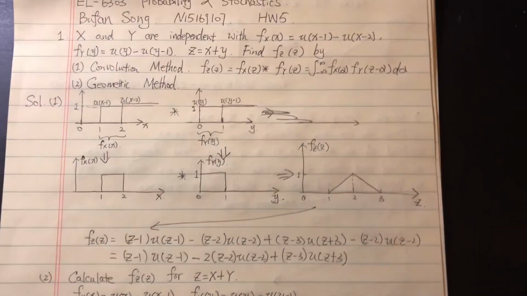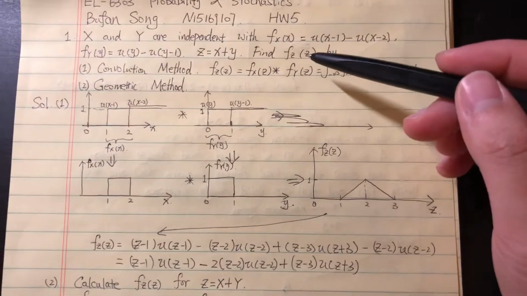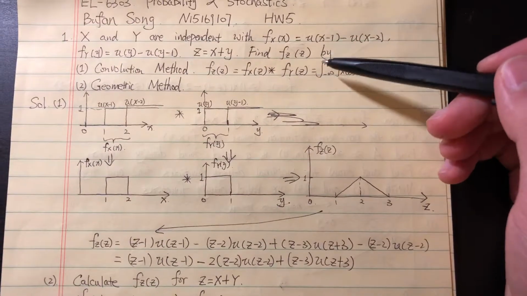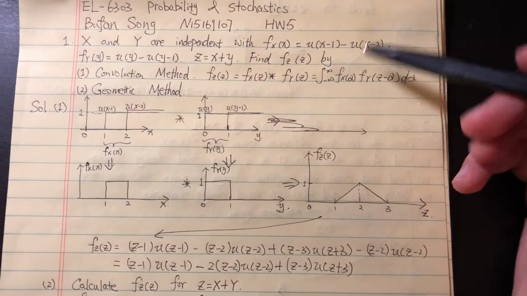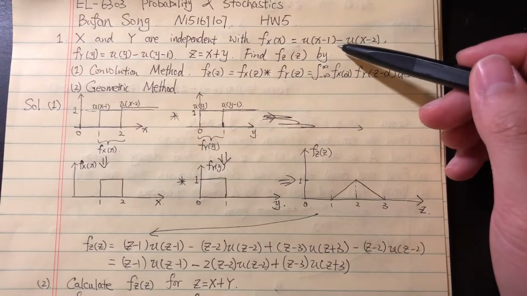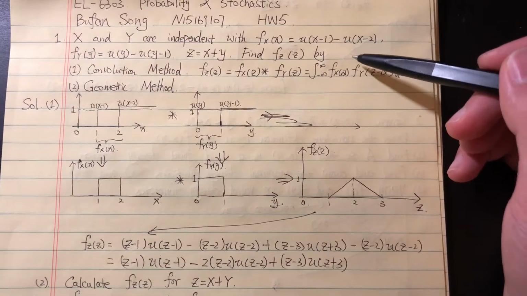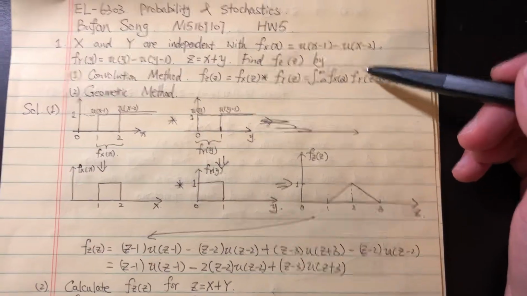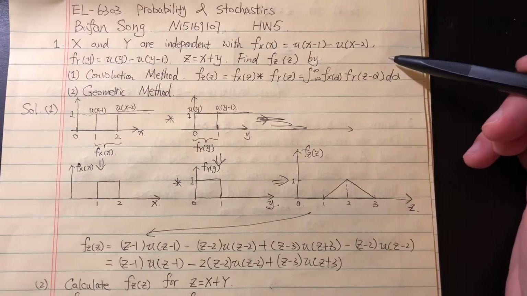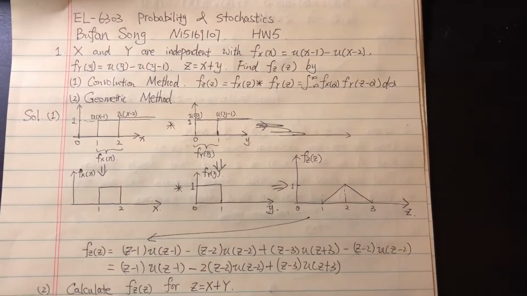So with the convolution method, fZ(z) is equal to fX(z) convolved with fY(z). That is the integral from minus infinity to infinity of fX(alpha) times fY(z minus alpha) d alpha.